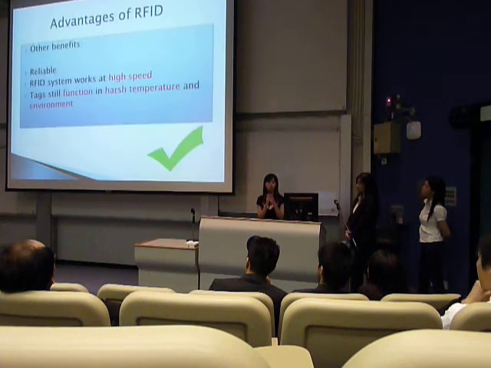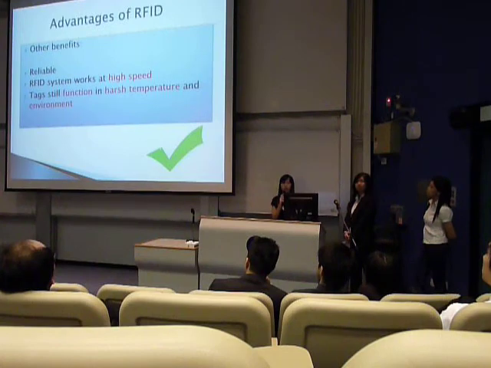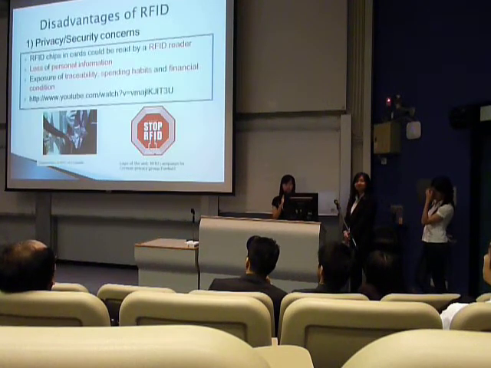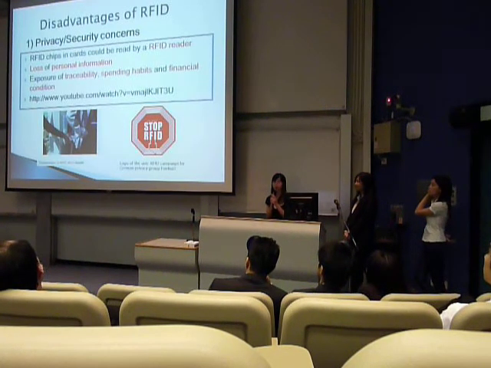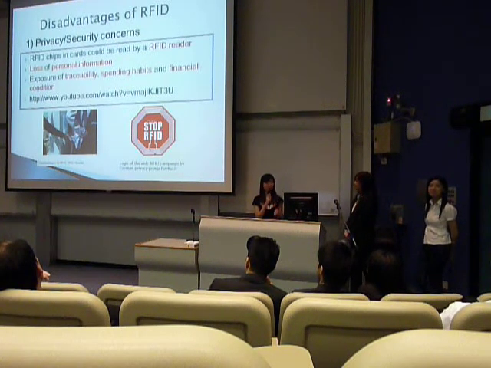Here are also some advantages of RFID, such as it is reliable, can work at high speed, etc. And then we will focus on the disadvantages of RFID. Since it has become more popular nowadays, people are more concerned about its security and privacy problems.